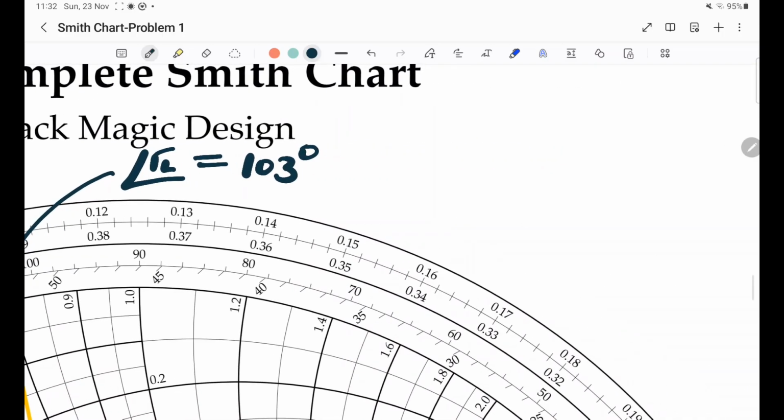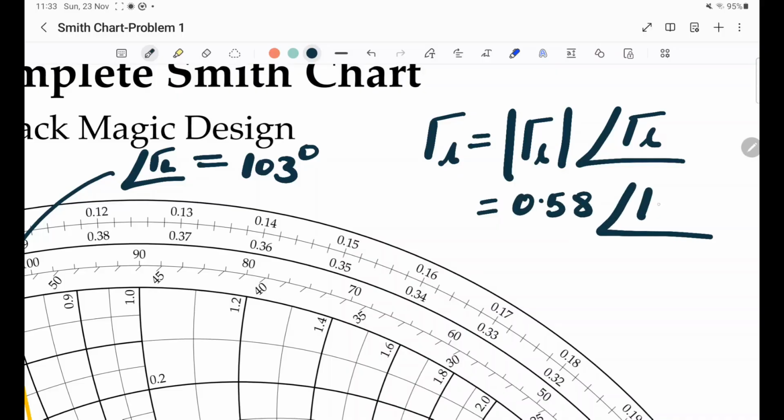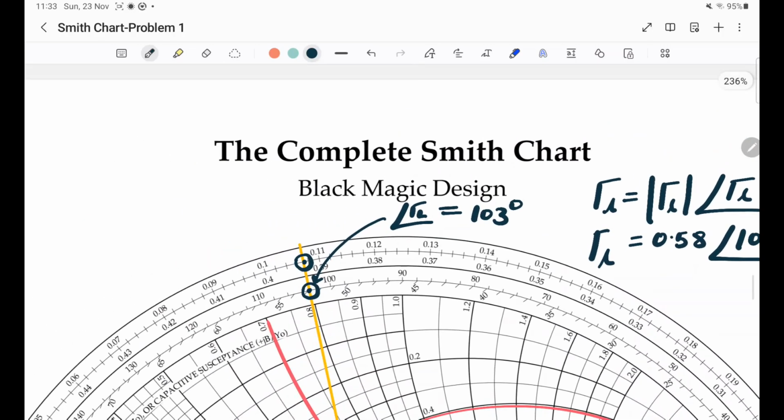So you have found out the value of gamma L, both the magnitude as well as the angle. The magnitude was 0.58 and the angle is 103 degrees. Now our next objective is to find the value of ZIN, that is the input impedance of the transmission line seen from the input end.